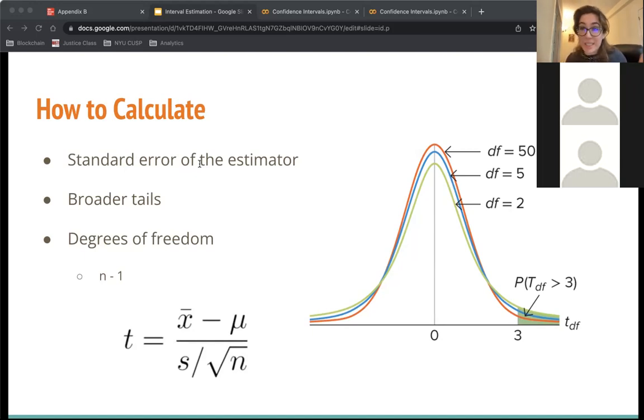And when I say this t-distribution, it's actually a family of distributions similar to the normal curve because it's bell-shaped and it's symmetric around 0, where 0 is the mean. But a key difference in the shape is that there are these broader tails than the Z distribution, and that accounts for this very small sample size.